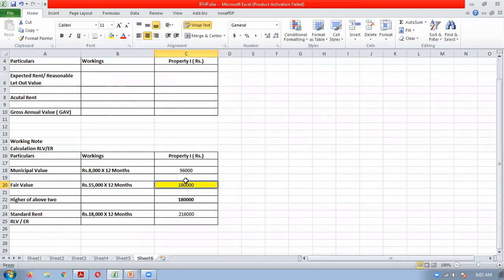Now next step, what do we have to do? We have to compare this value with the standard rent. What will be our RLV? 1,80,000 or 2,16,000. What will be the RLV in case of standard rent?